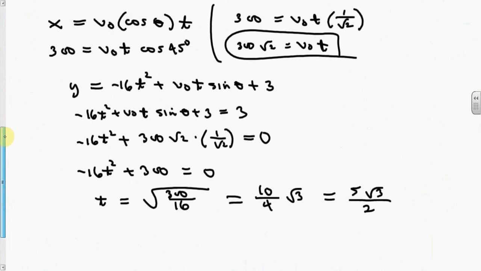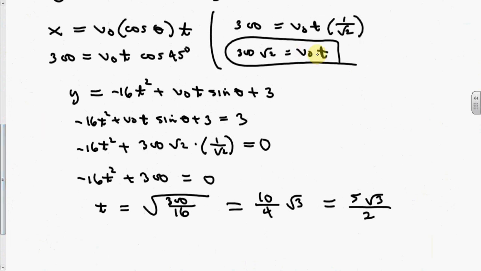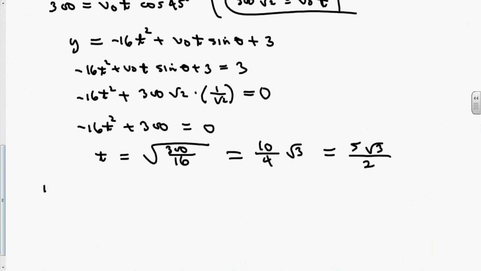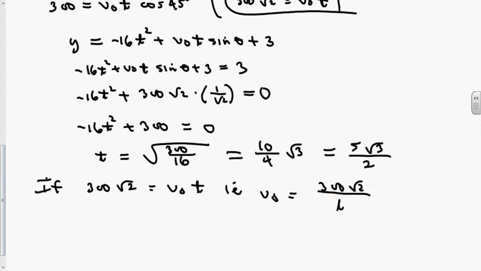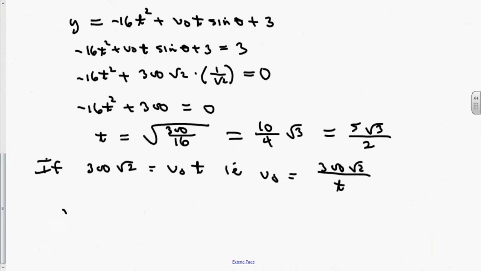Well, if that gives me the time, then I can find the initial velocity. So if 300 times the square root of 2 is equal to the initial velocity times t, then the initial velocity has to be 300 times the square root of 2 all over t. So the initial velocity is 300 times the square root of 2 all over 5 times the square root of 3 all over 2.